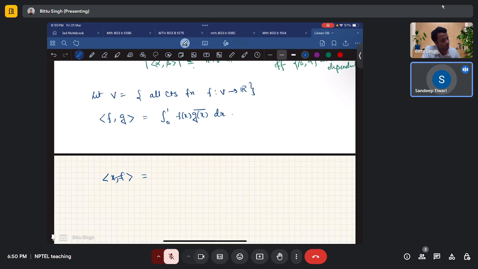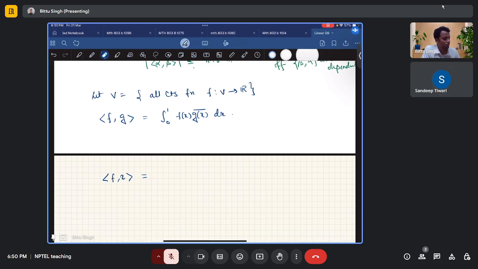Yes, because on the left hand side we have the modulus of the inner product. So let g(x) equal x. Then this inner product is the integral from 0 to 1 of f(x) times g bar x, which is x times f(x) dx.